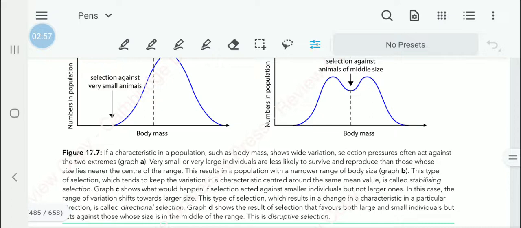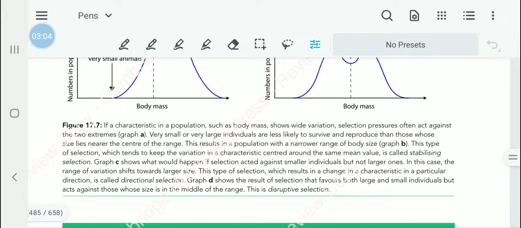As a result, the population has a narrow range of body size. This variation that keeps the characteristics at the mean value is called stabilizing selection. That means it remains constant throughout.